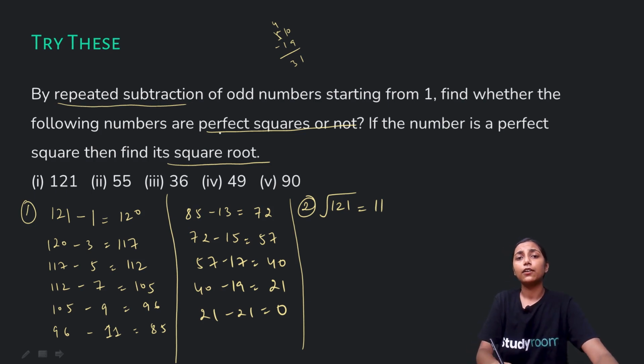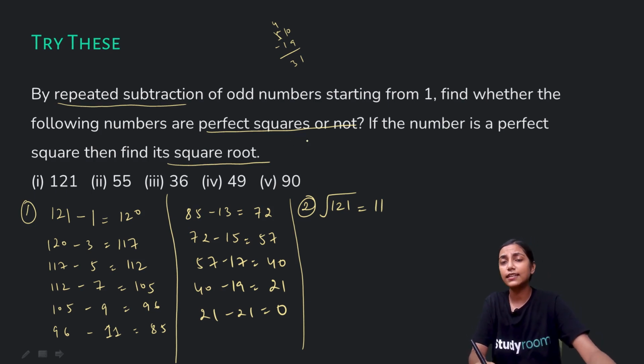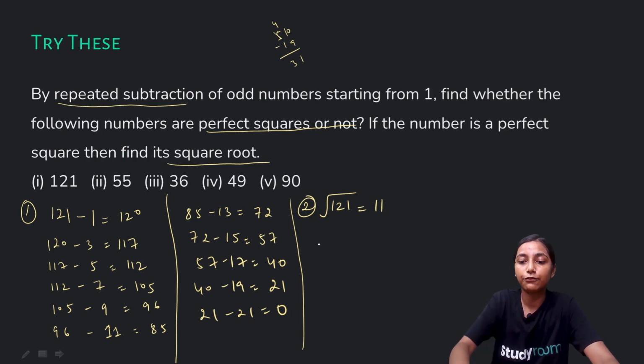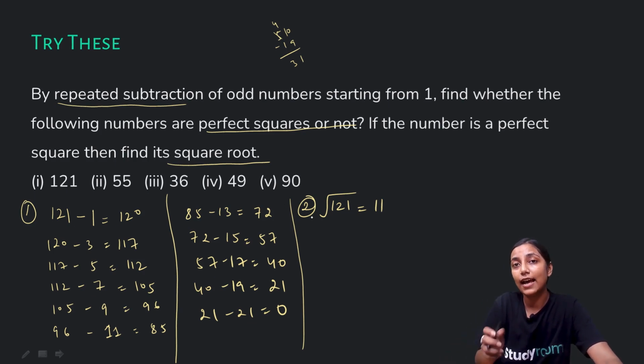And the first part was, is this number 121 a perfect square? Yes, this is a perfect square because from the properties of square numbers that I told you earlier in previous video lectures, if a number can be written as the sum of consecutive odd numbers, then that number is a perfect square.